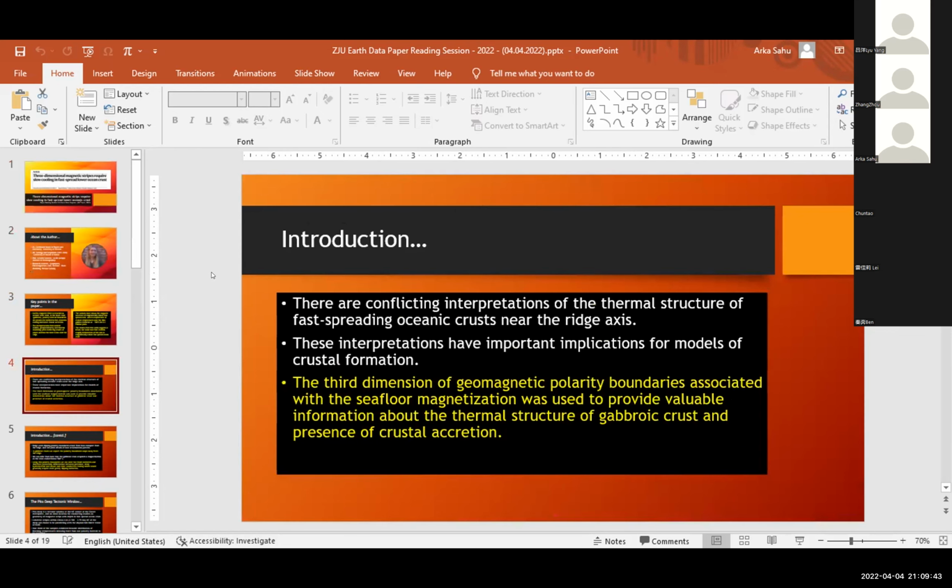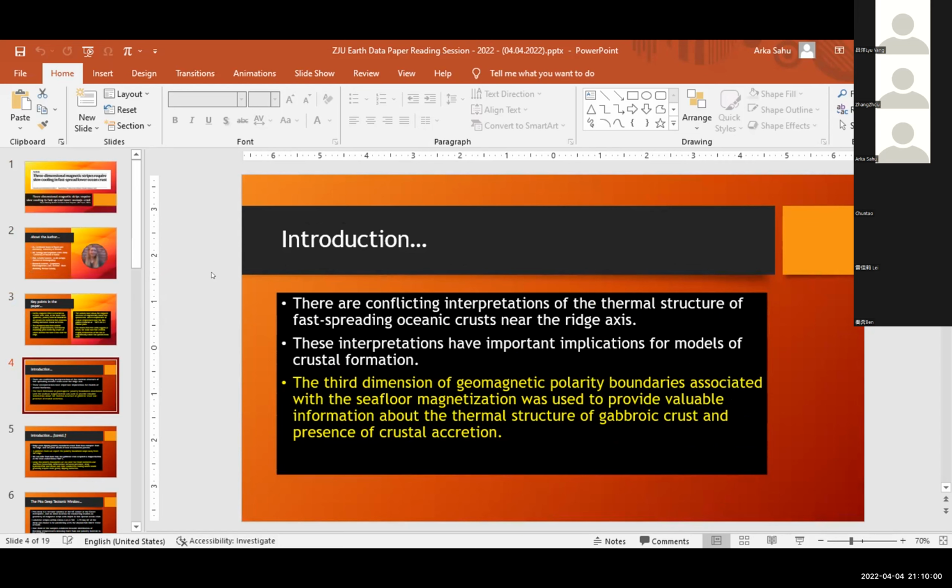The interpretations from the thermal structure of an oceanic crust can give us a number of ideas. For example, the crystallization and the melting phenomena happening can be constrained by understanding that.